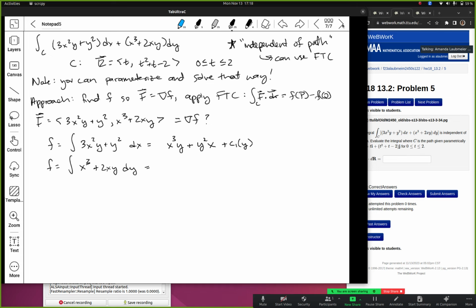We're going to repeat the same thing for the second component. So the integral of x cubed with respect to y. X cubed is a constant as far as y is concerned, so it's going to stay there. But then integrating with respect to y gives us a y multiplied by that constant. And then the integral of 2xy with respect to y, the integral of 2y is going to be y squared.